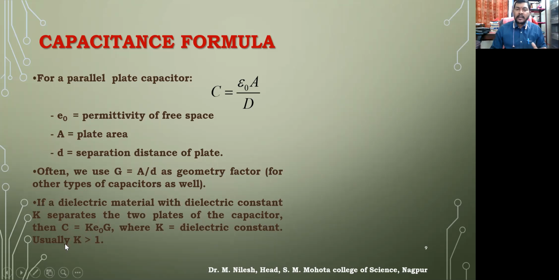Usually K is greater than 1. That is the dielectric constant of the medium, right? That is a part of research, so it doesn't suit you. We just have to remember this definition, C equals epsilon A by D.